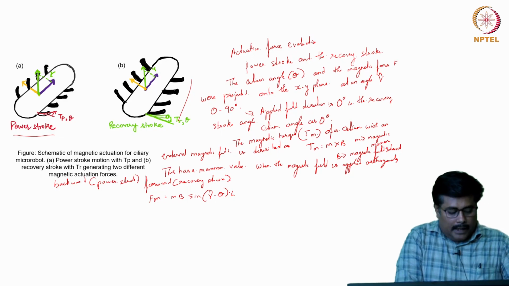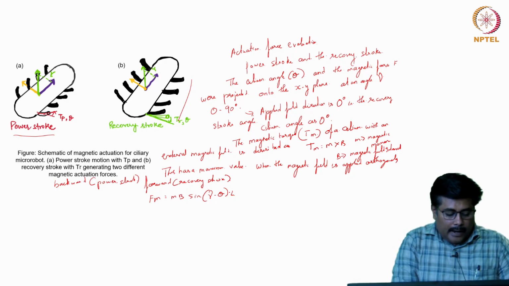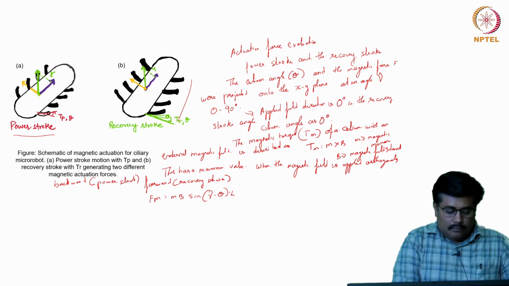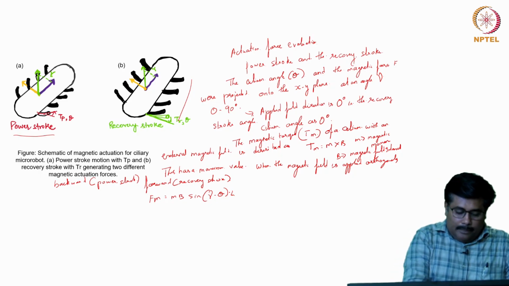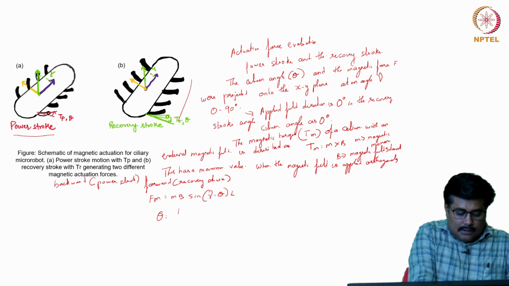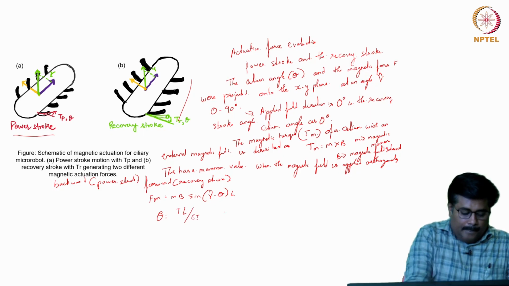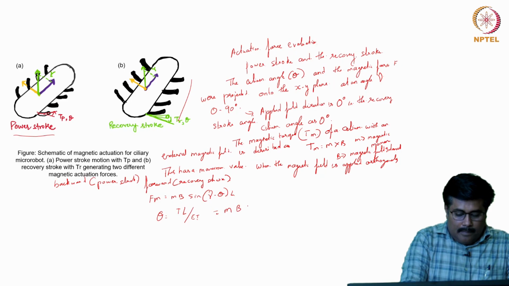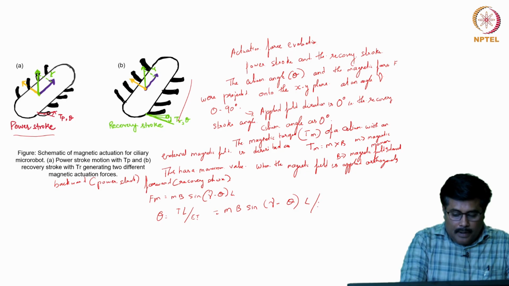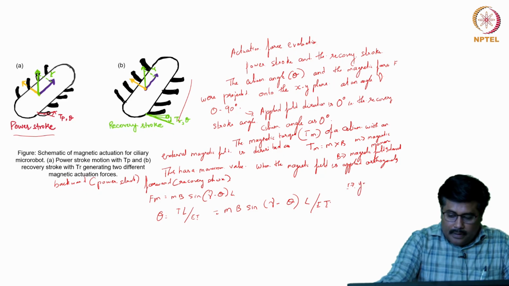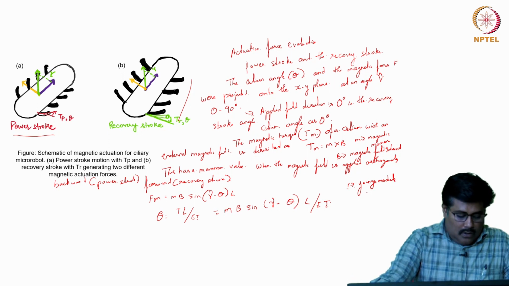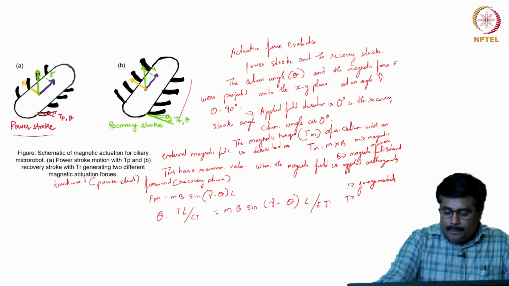When we consider only the planar xy plane, the force components are counted in this calculation, and we can represent it as theta equals TL by EI, which can be represented as mB sine minus theta L by EI, where E is the Young's modulus and I is the moment of inertia.